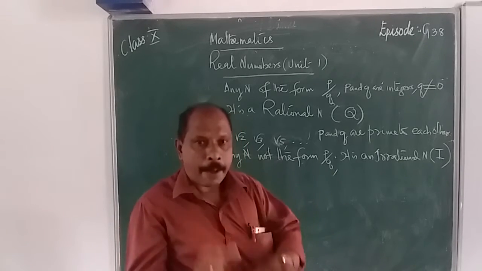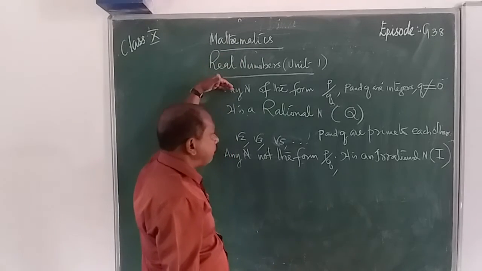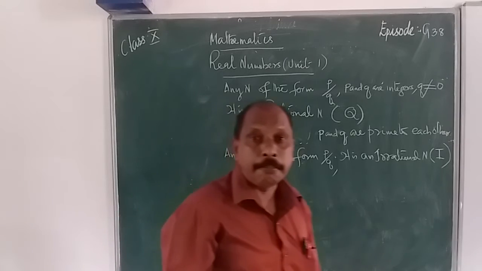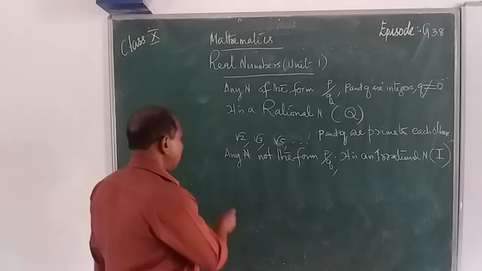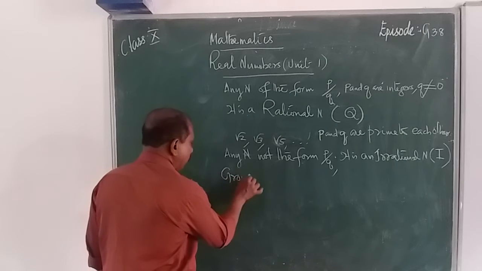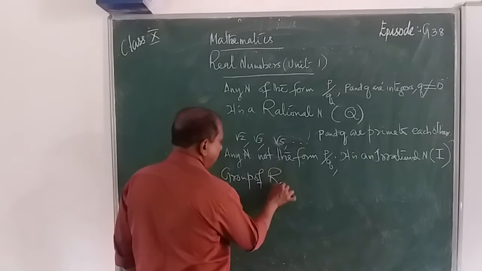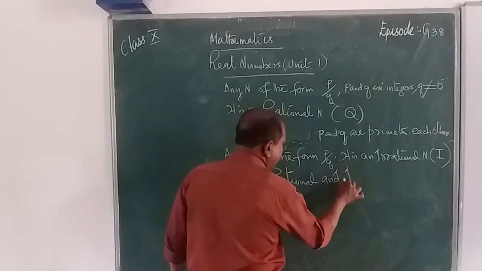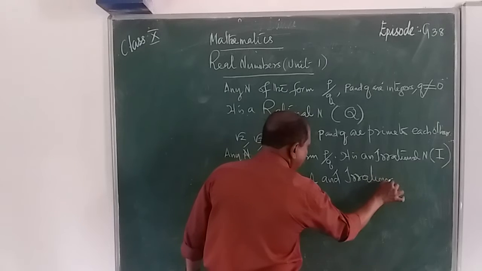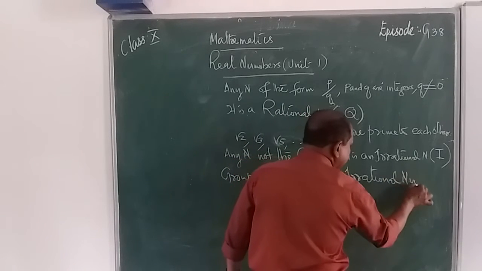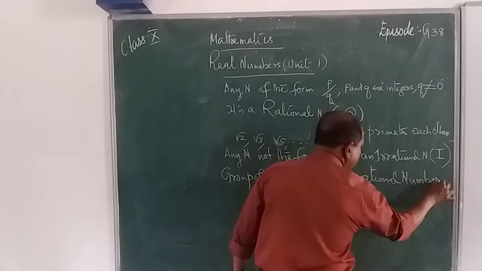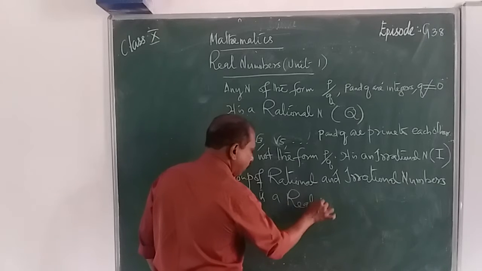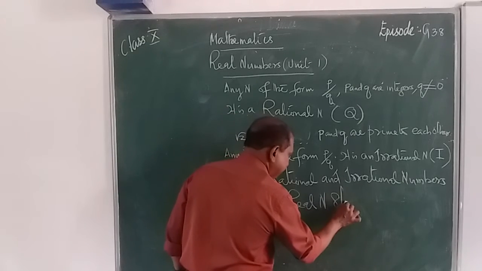Then, the group of numbers with these rational and irrational numbers we know as the real number system. That means the group of rational and irrational numbers is the real number system.